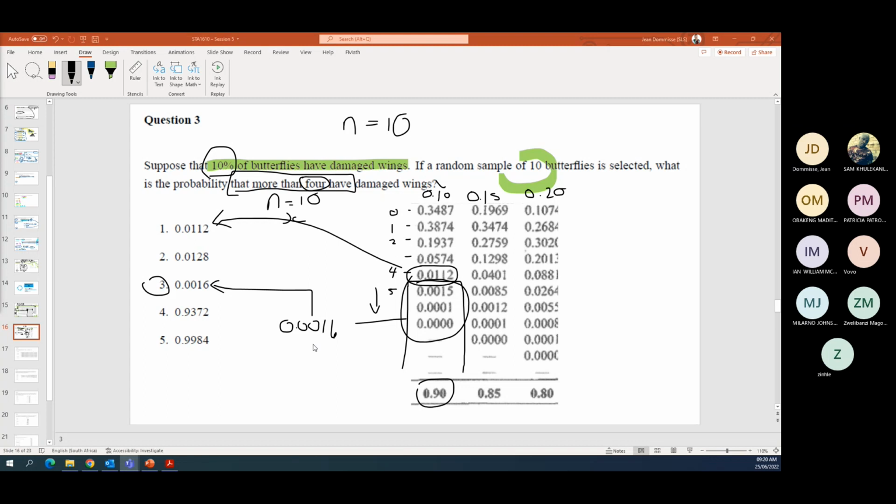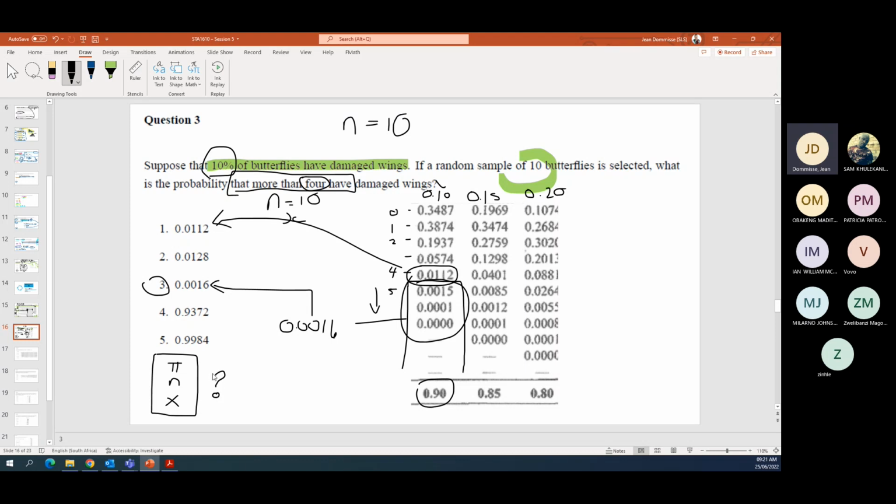Okay, so that is looking still at the binomial. We get the n, we get the percentage, and we work it out. You will always need to get basically these 3 in your binomial to do anything.